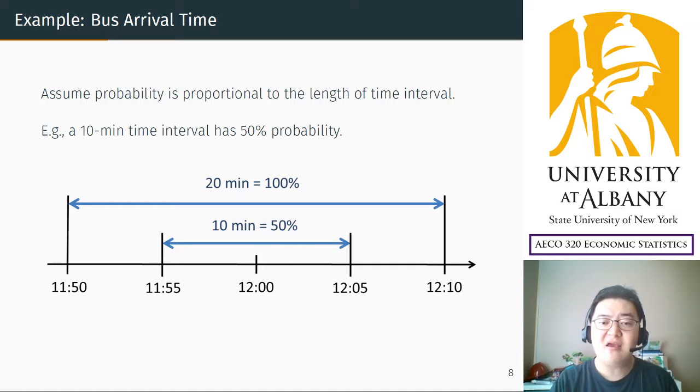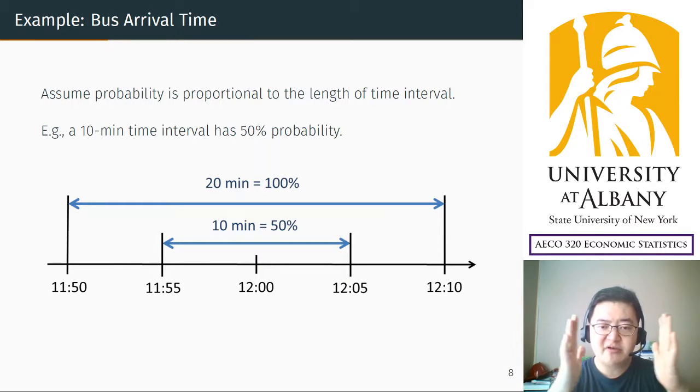I'll say it's 50%, because the time interval is half of the whole interval. So the probability is also half. It's just a simple example, but it makes sense.